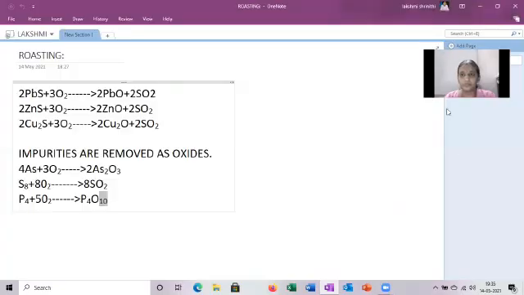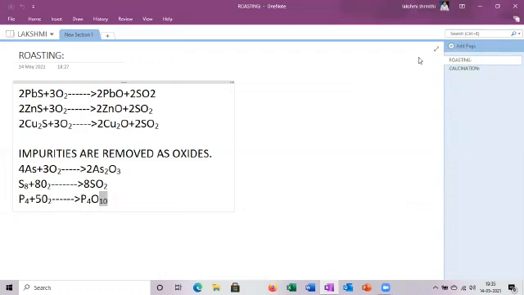Let me go for screen sharing. Hope you are able to see the screen. This is roasting: 2PbS plus 3O2 gives 2PbO plus 2SO2.